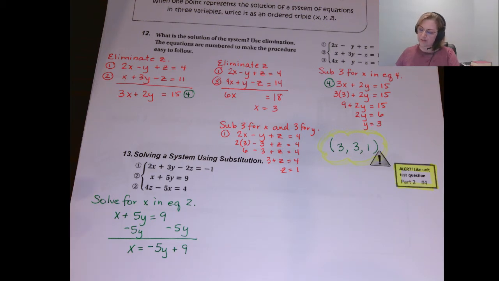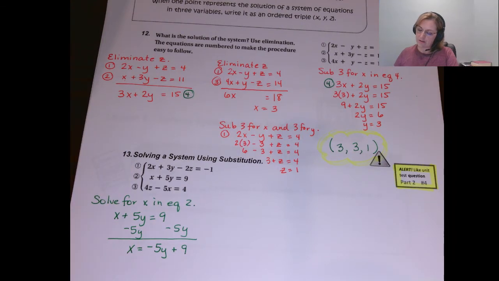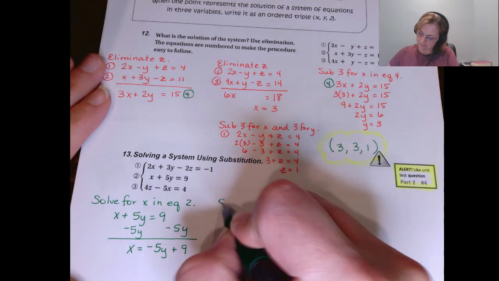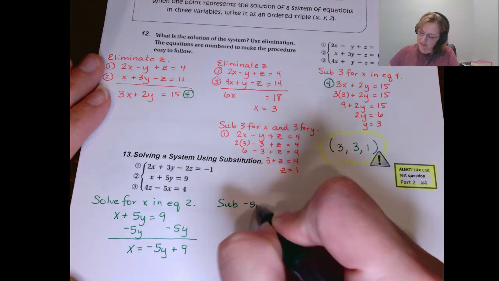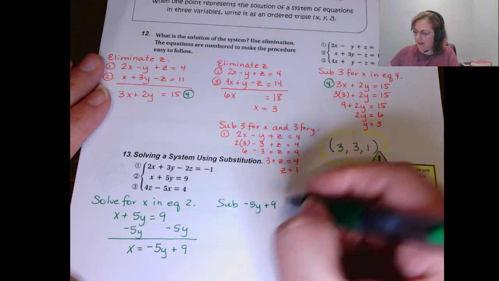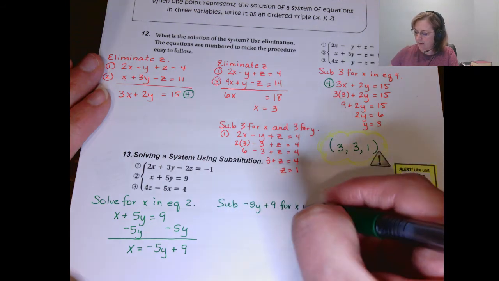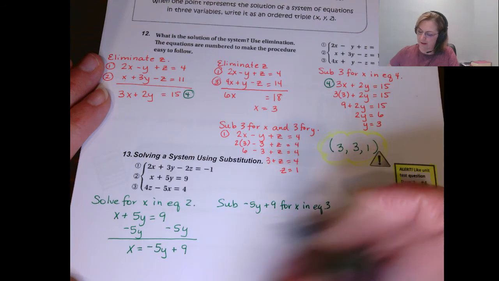Let's substitute in for equation 3. So we're going to substitute negative 5y plus 9 for x in equation 3.